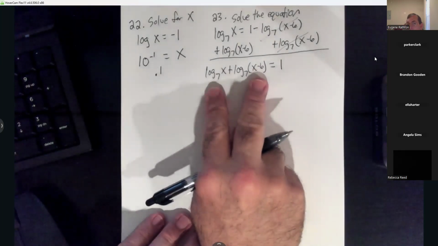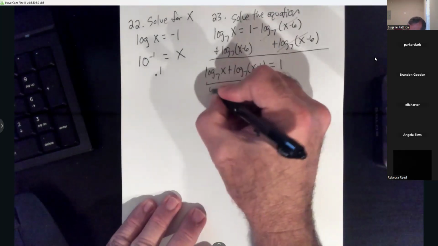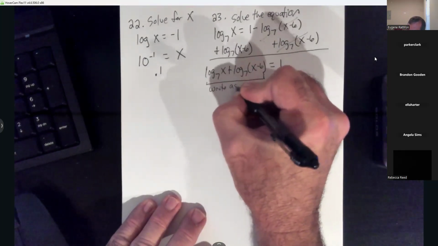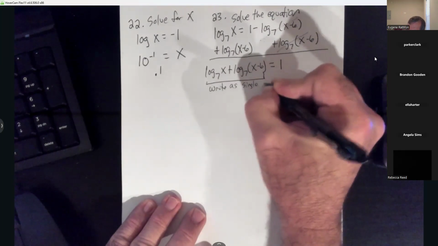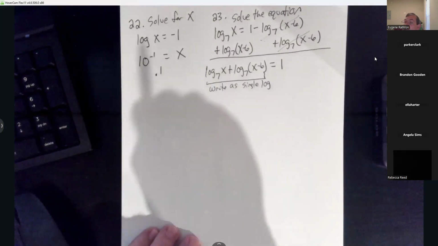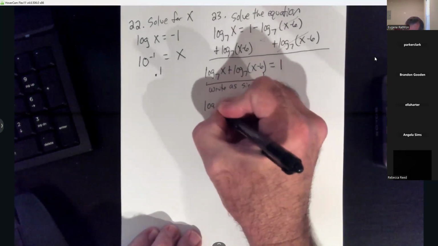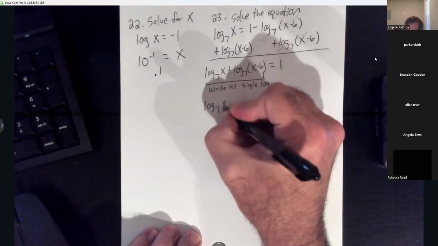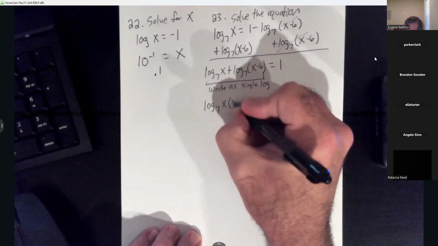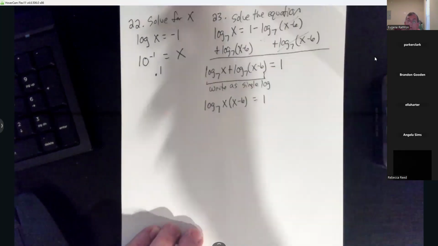Now, you've got two logs on this side, so at this point, we want to write this as a single log. Since they're being added, I'll write this as a product. So I'm going to have my log base 7 of x times x minus 6, all equal to 1.